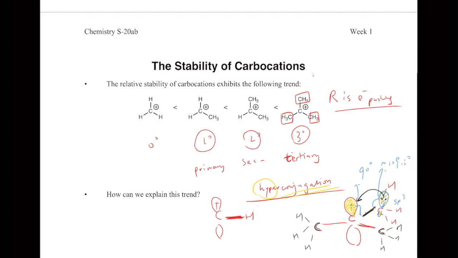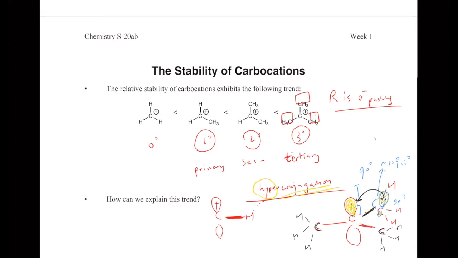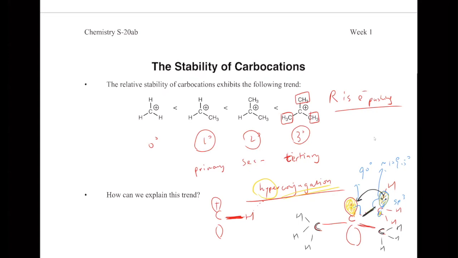So there's no similar bond in this way to partially or weakly overlap with the p orbital. So this is called hyperconjugation. It's a little bit complicated. So this is the strategy used to explain why typically an R group is electron pushing, or electron donating. Does this make sense to you?